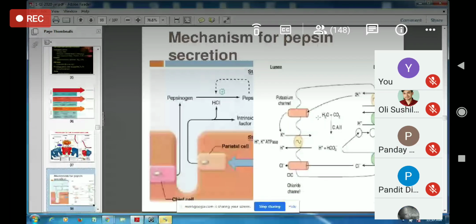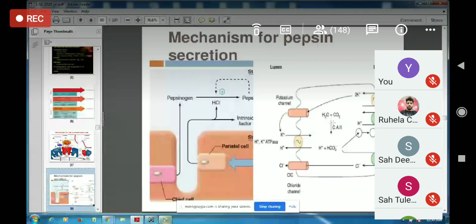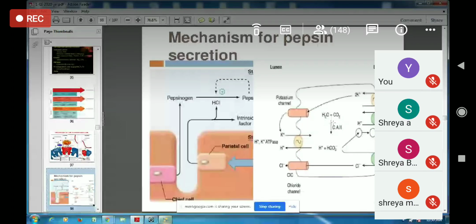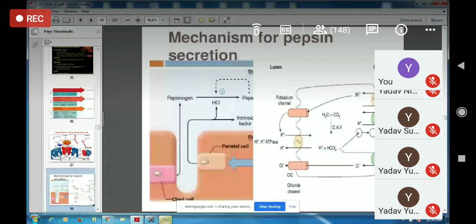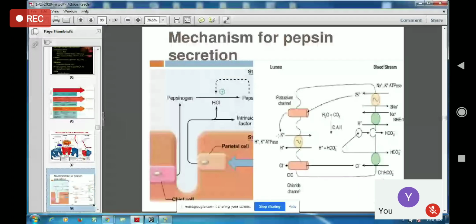Water plus carbon dioxide in presence of carbonic anhydrase, carbonic acid is produced, which splits into proton and bicarbonate. Proton is pumped by the proton pump with the expenditure of ATP. That's why it is called proton pump or hydrogen potassium ATPase, and hydrogen comes to the lumen. Okay.